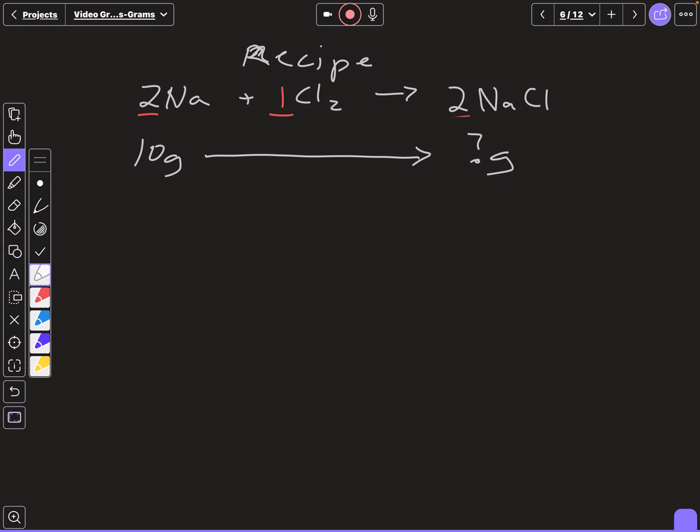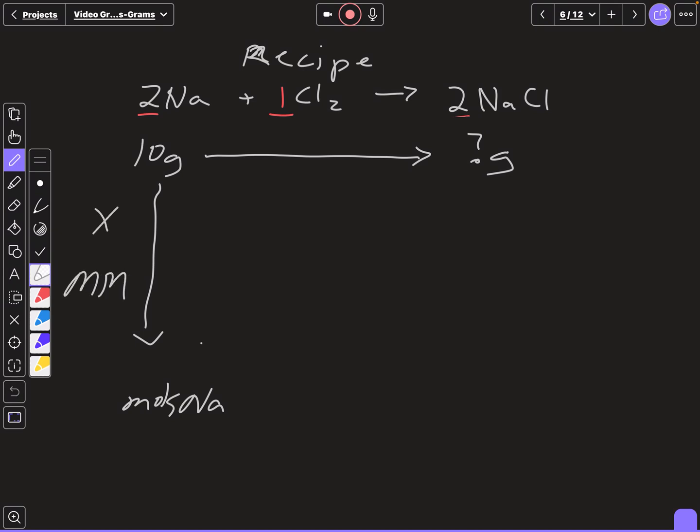It's not a one-step problem. Instead, I have to take a detour. My first step would be to convert to moles of Na by multiplying by the molar mass.